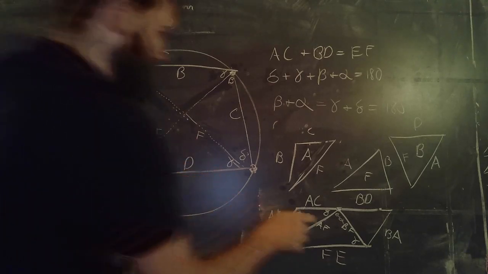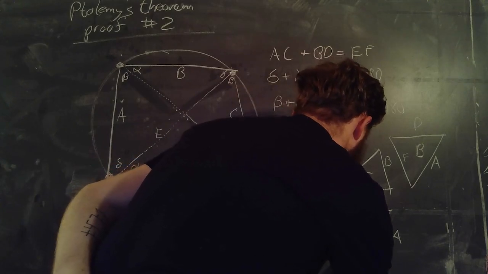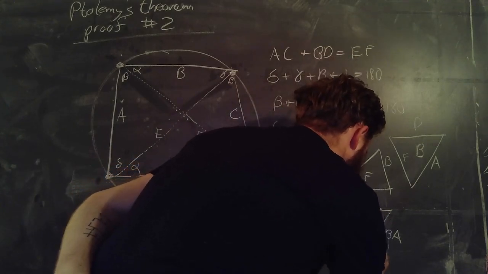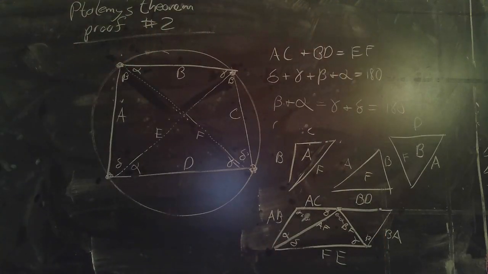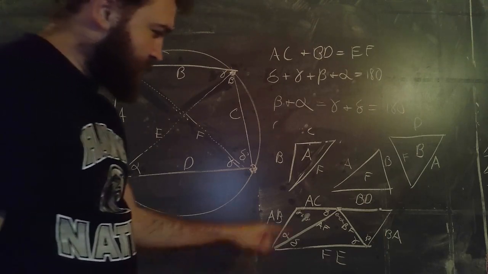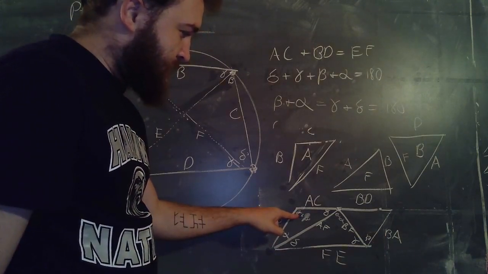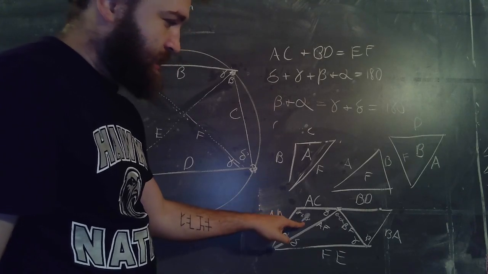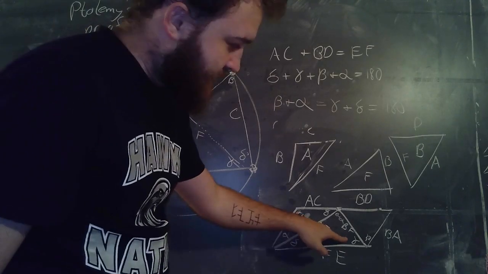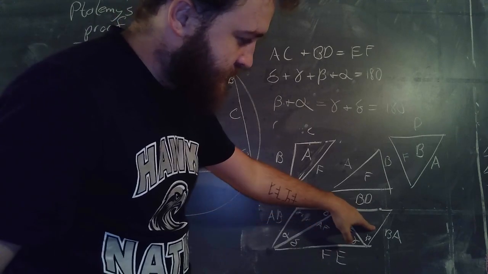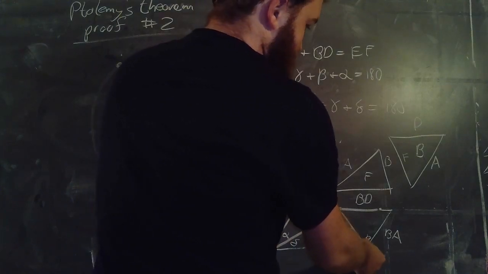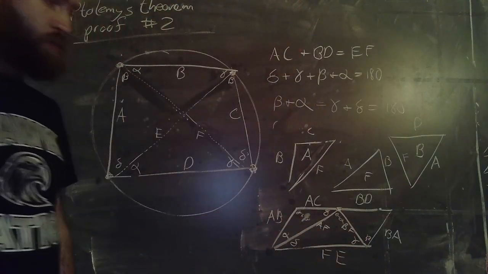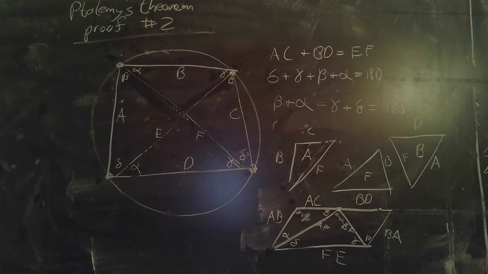So beta actually ends up right here. And that may actually be all we have to show, because notice that this angle right here is gamma plus beta explicitly, and then this angle is gamma and this angle is beta. So this angle and this angle have to equal each other because they are both gamma plus beta.